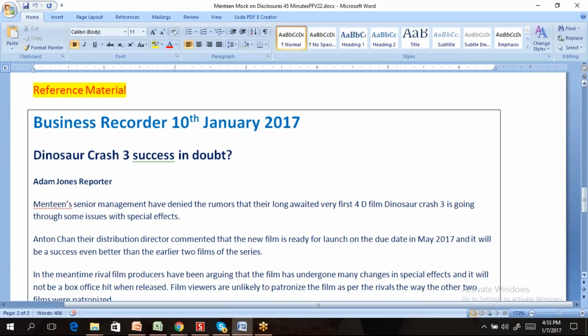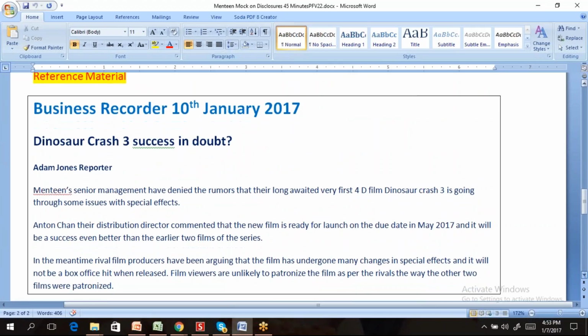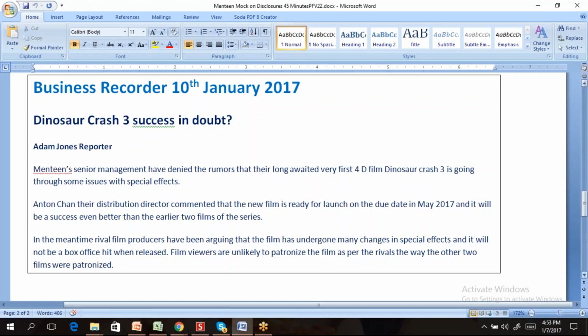Dinosaur crash, success in doubt, a question mark. So many senior management have denied rumors that their long-awaited very first 4D film is going to crash through some issues with special effects. Anton Chan, their distribution director, commented that the new film is ready for launch on the due date in May 2017, and it will be a success even better than the two films of the series.